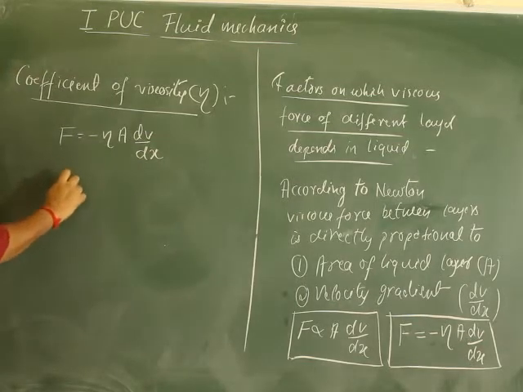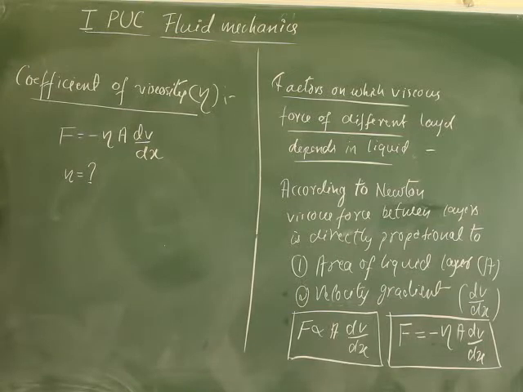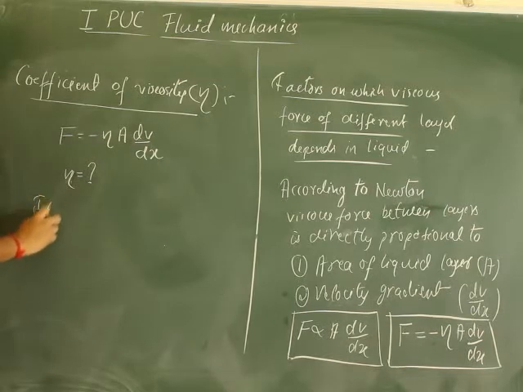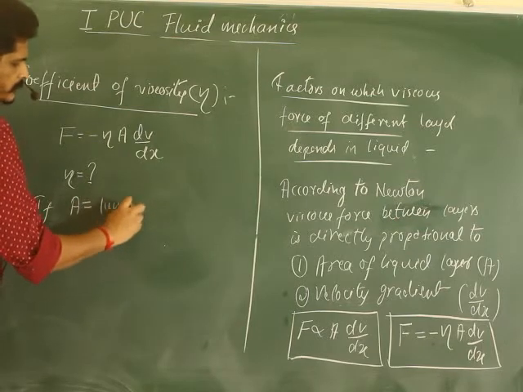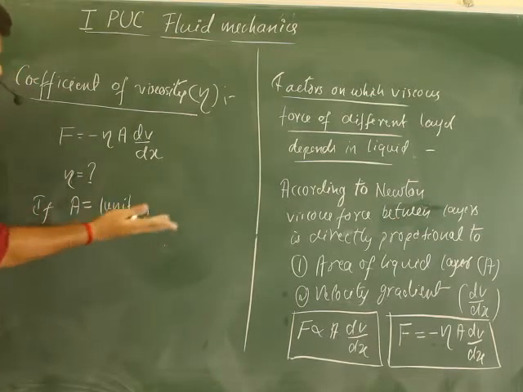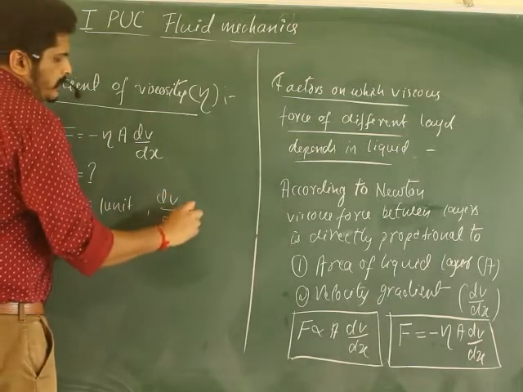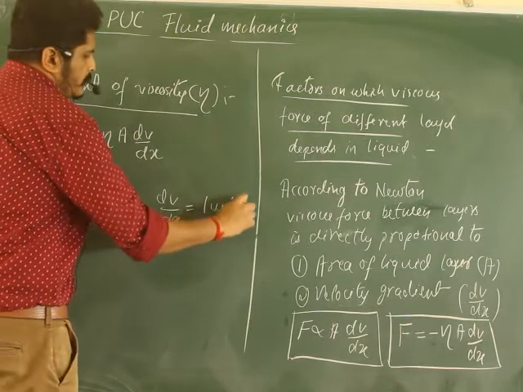We require eta. So I am explaining what eta is. If the area of the liquid layer is equal to 1 unit, meaning meter square in SI units, and the velocity gradient dV by dx is also 1 unit, apply it in the equation.